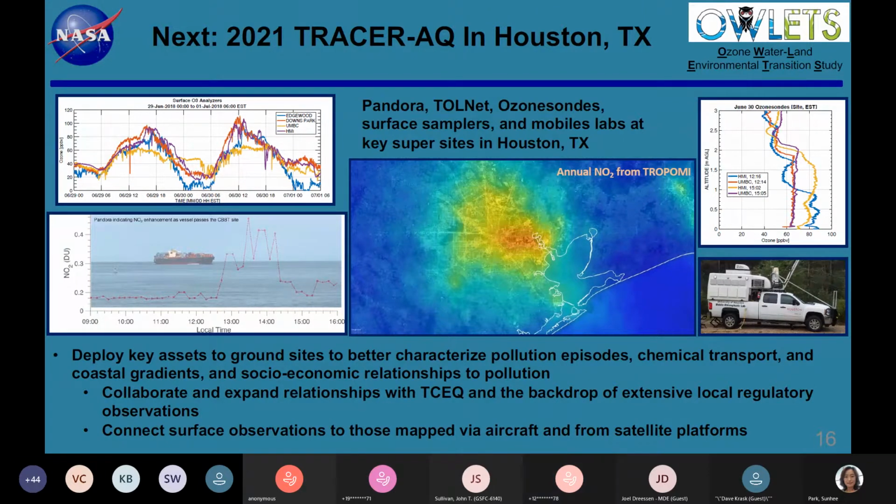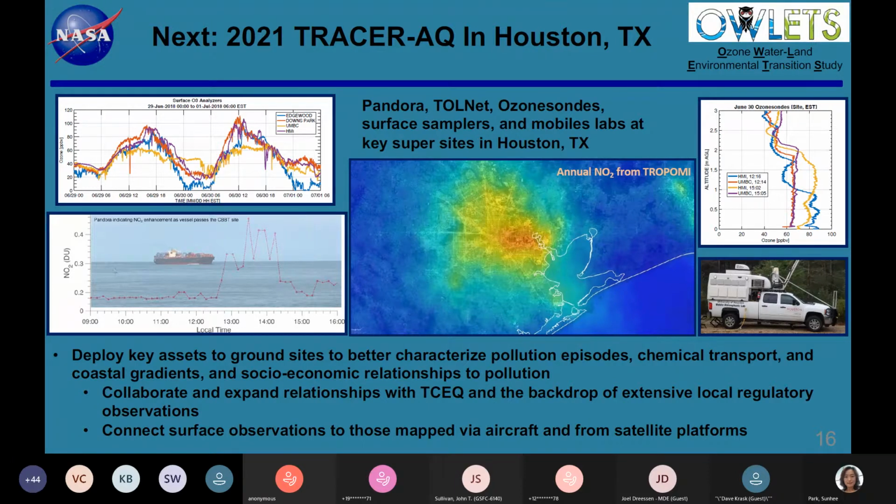And I just wanted to briefly mention that the ALIT's investigation in some capacity has led me to take a leadership role in a very similar study that's going to be occurring in Houston, Texas in September. You can imagine with everything going on, it's been a rocky road to get there, but we finally have everything in place. So we are going to be doing a similar study in Houston, largely the same sort of TOLNet LiDAR, ozone sonde, Pandora type of effort.